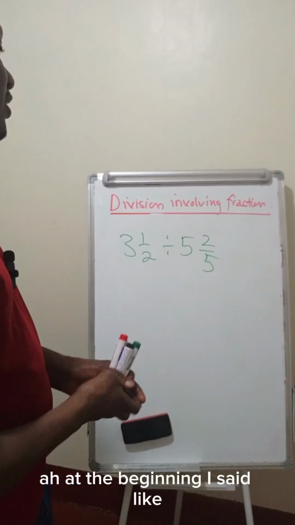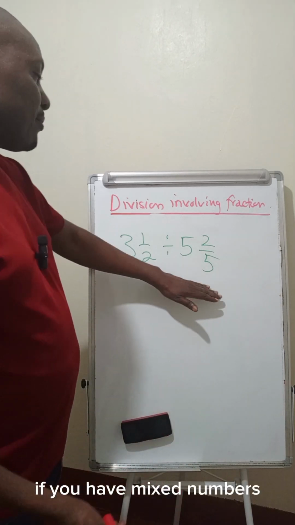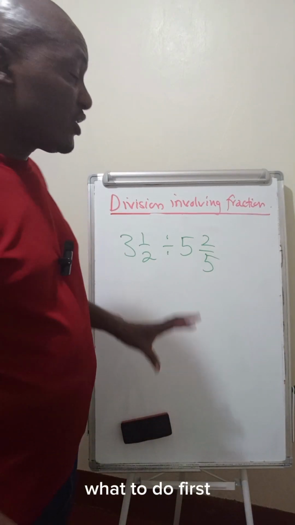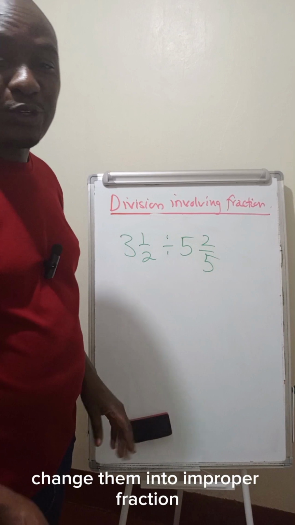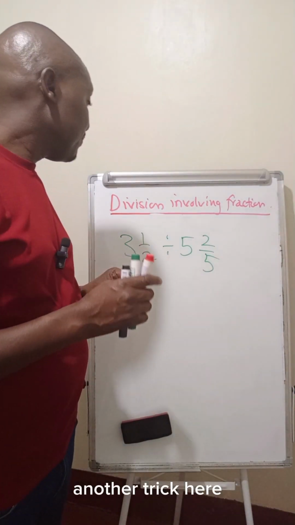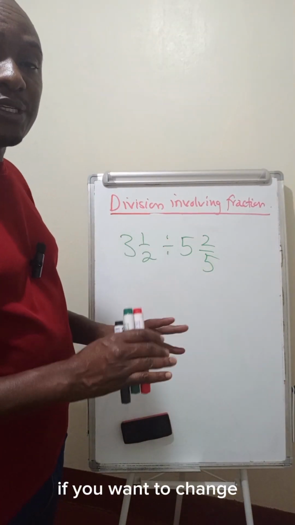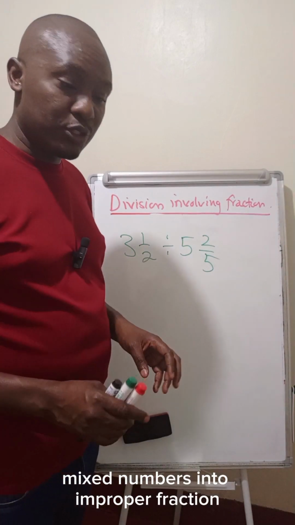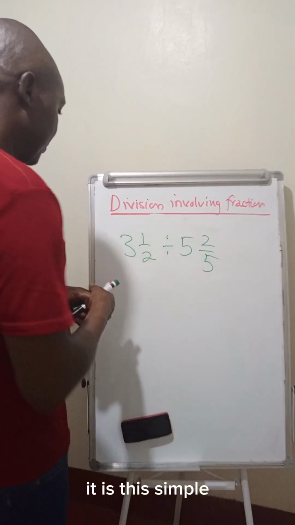Look at this. At the beginning, I said if you have mixed numbers, what you do first is change them into improper fractions. Another trick here, if you want to change mixed numbers into improper fractions, it is this simple.